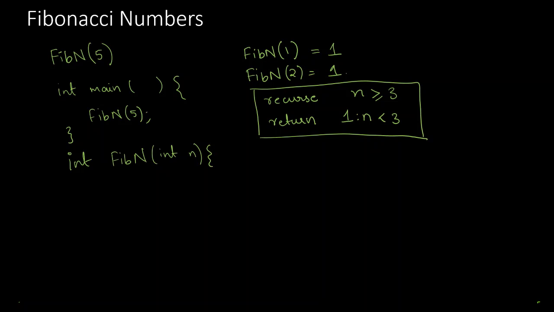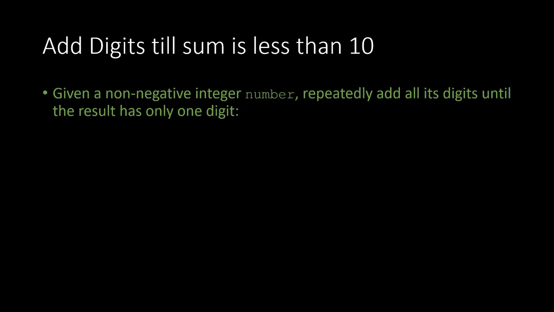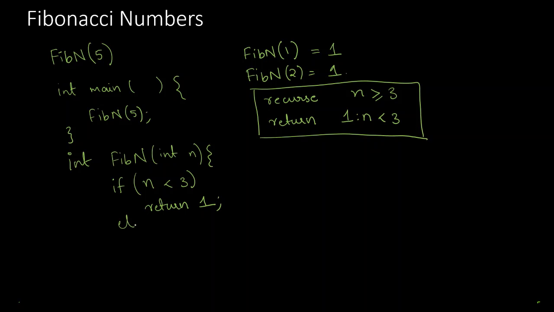Now we know the base cases, guys. If n is less than 3, we simply return 1, else we return. So the thing is, we don't need to write else here, because when we return 1 we don't go down, guys.